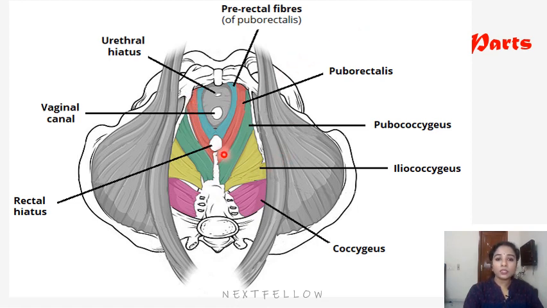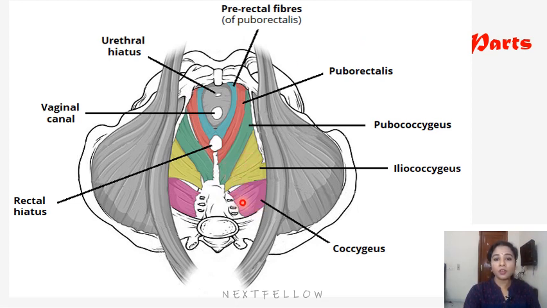And iliococcygeus here is almost a separate muscle part of levator ani. It attaches from the pelvic surface of the ilium and also from part of the hip bone, and inserts into the coccyx on the posterior aspect.